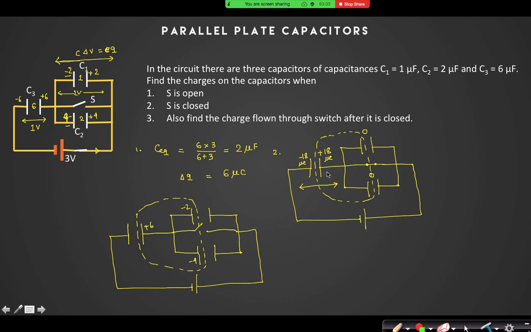Now if initially the system charge was 0, how did that 18 microcoulomb charge come inside that system? Is it through the switch only? So how much charge has flown through that switch? 18 microcoulomb will be your answer.